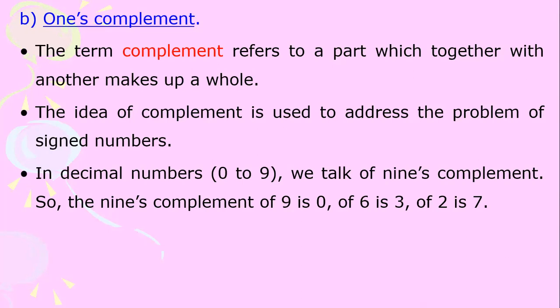In other words, what is it that when we add it to 9 can generate a 9? It is 0. What is it that we add to 6 so we can get a 9? That is 3. What is it that when we add to 2 can give us 9? The answer is 7.